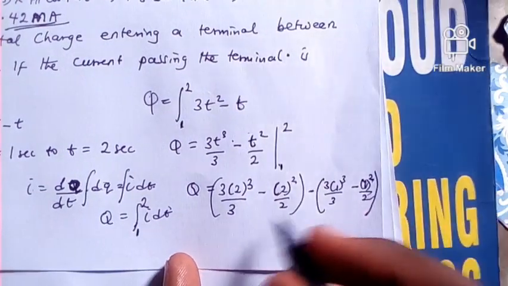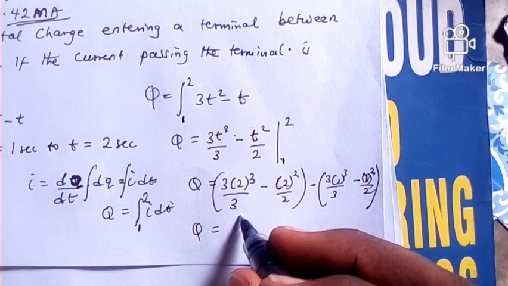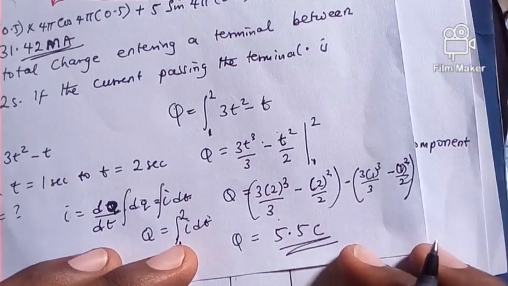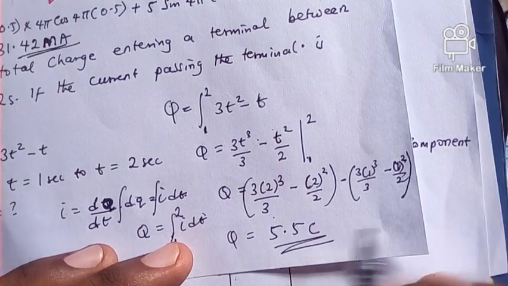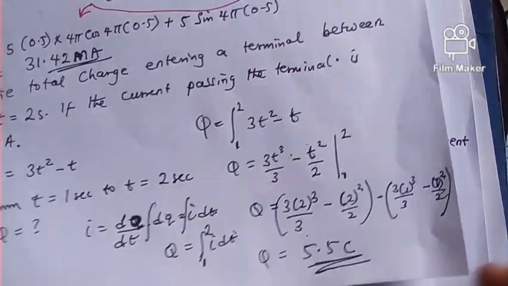So when I put this on my calculator, I will have the answer to be equal to 5.5 coulomb. Now that is it for this problem.